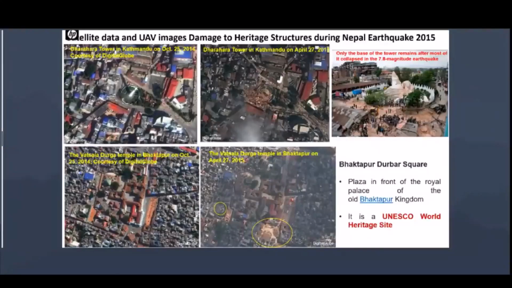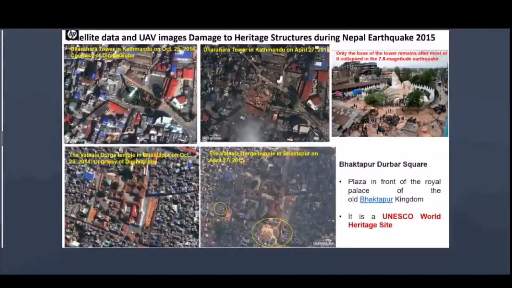In the second image I have highlighted it with yellow circles. You can see the Vatsala Durga temple, that all got damaged. This plaza in front of the Royal Palace of Bhaktapur Kingdom is also a UNESCO World Heritage Site.